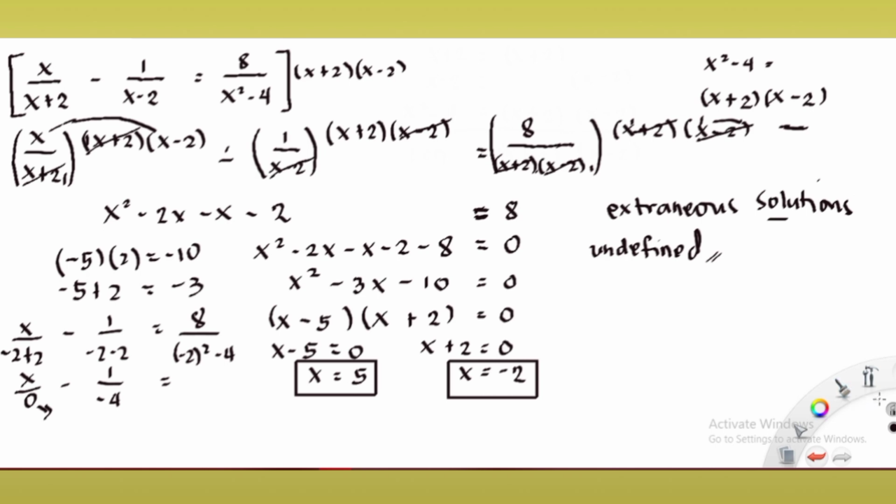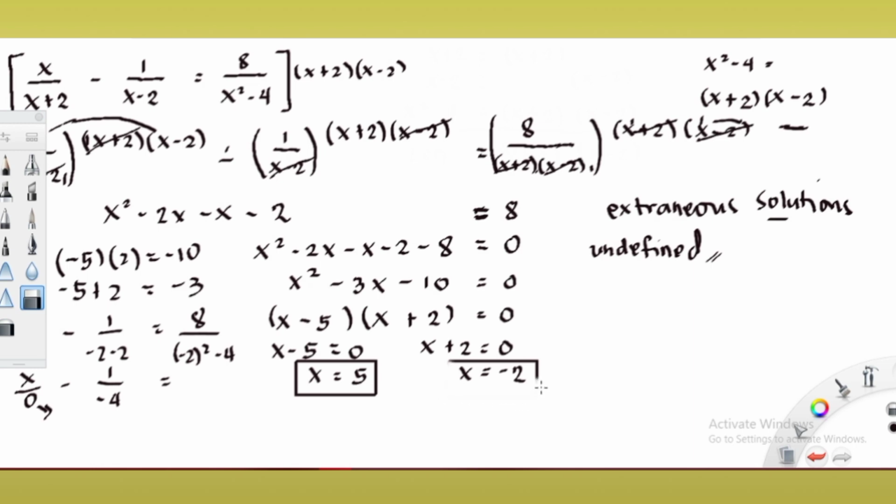Extraneous solution siya. So, ibig sabihin, hindi natin siya kukunin. We will not take this answer because magiging undefined yung ating sagot pag kinuha natin ito. Okay po? So, hindi natin kukunin yan. So, ang hirap niyang i-erase. So, ibig sabihin, ang ating solution, okay, kunin natin yung pen.